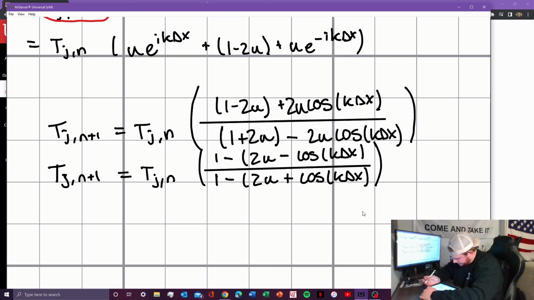We can then say that this term here, our 2u plus or minus cosine k delta x, is our mu term, our omega term rather.